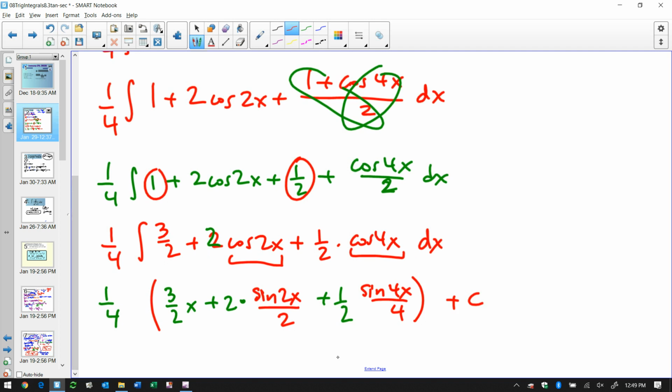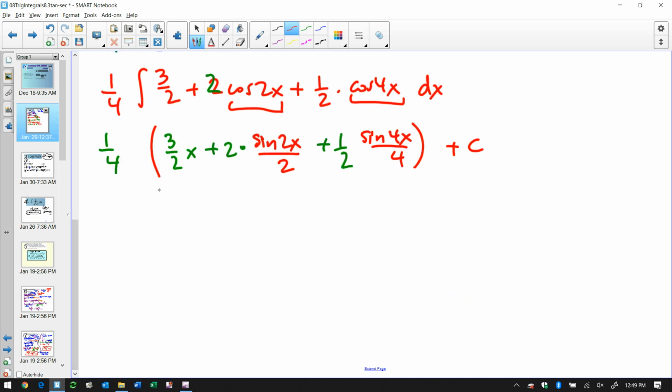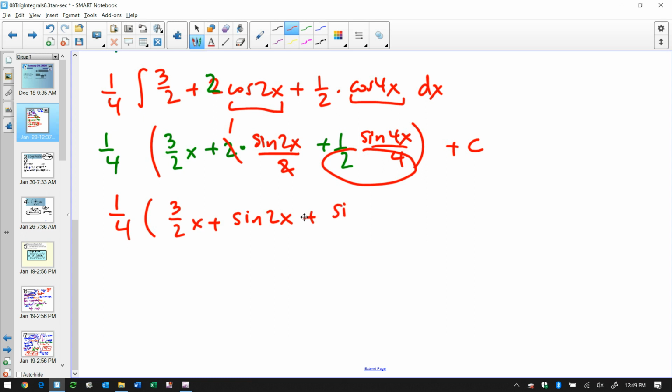This is basically my answer. I can simplify a little bit by saying 2 divided by 2 is 1. And 2 times 4 is 8. So this will be 3 halves x plus sine 2x plus sine 4x over 8 plus C.